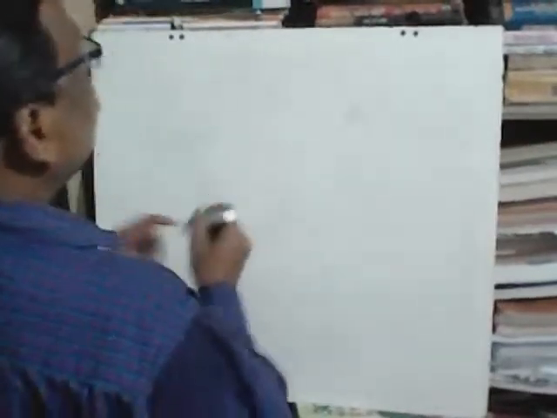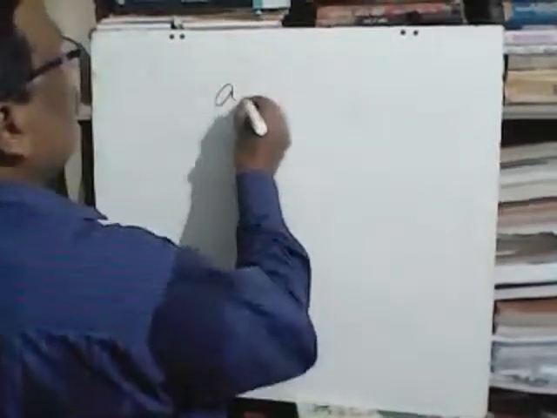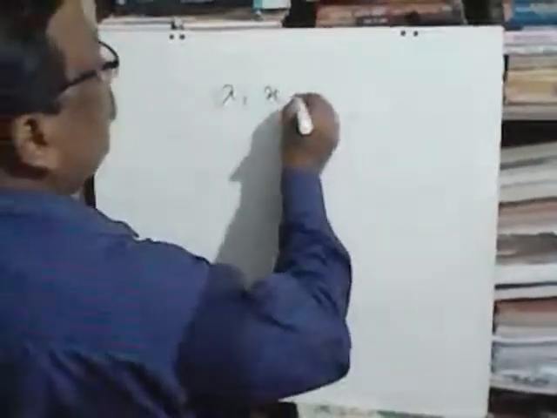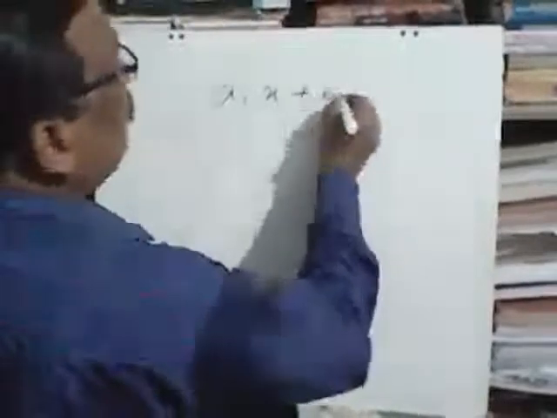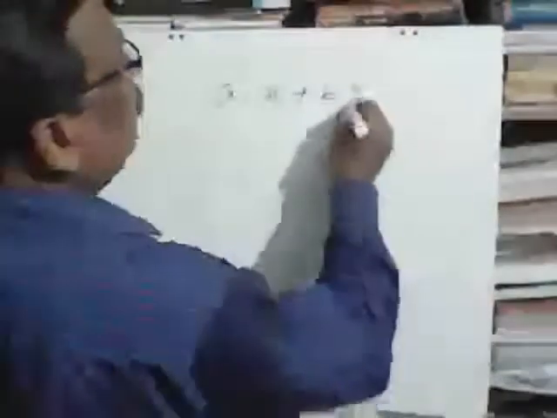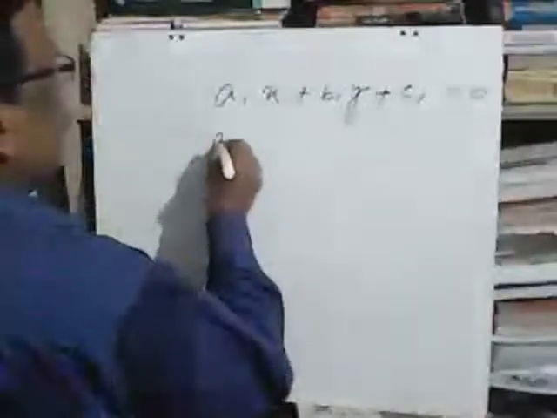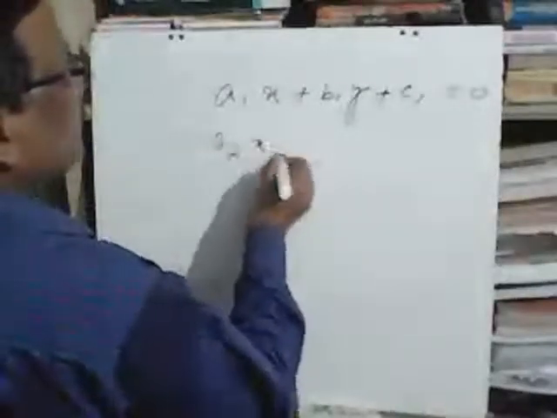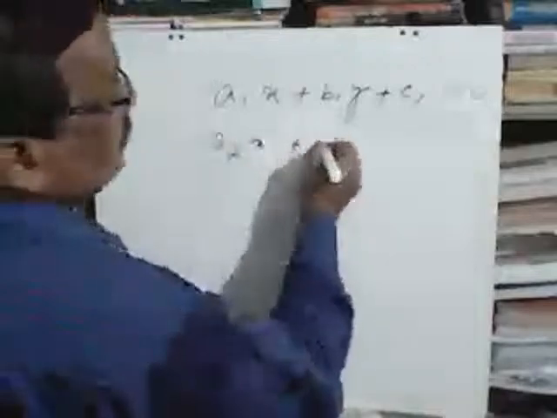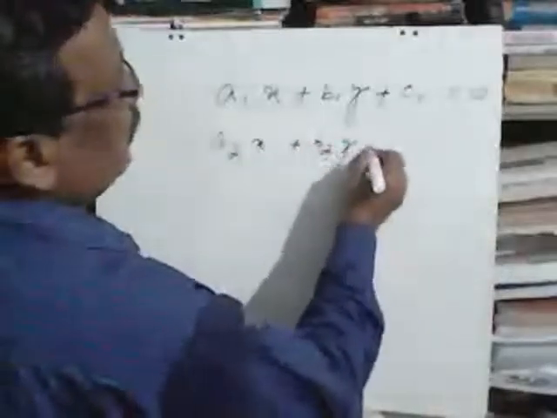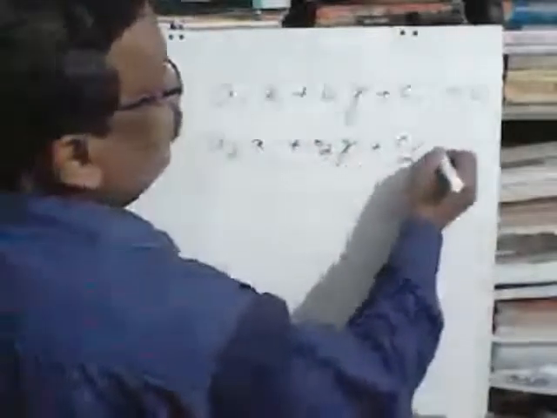First equation, a1x plus b1y plus c1 equal to 0. Write down the second equation, a2x plus b2y plus c2 equal to 0.